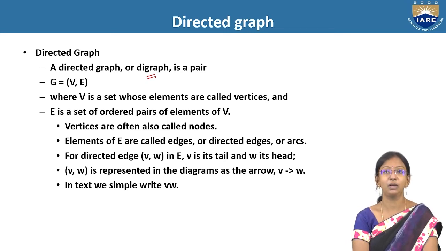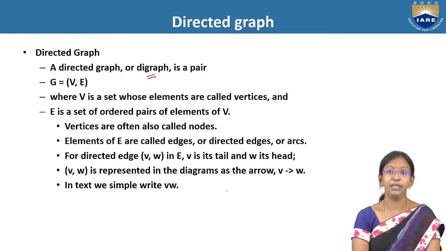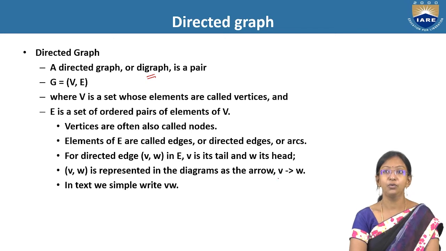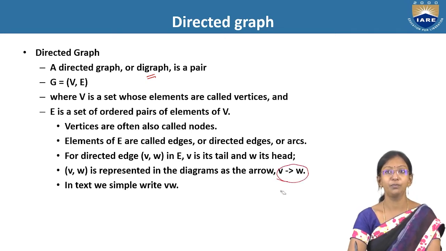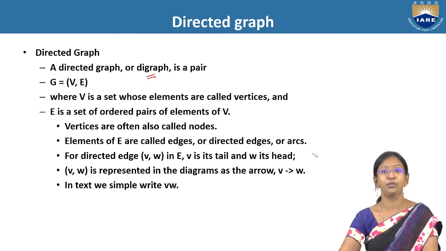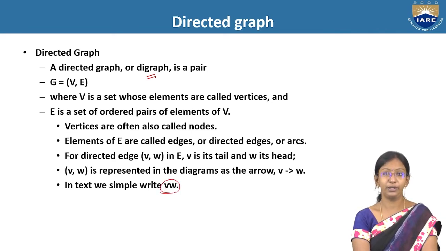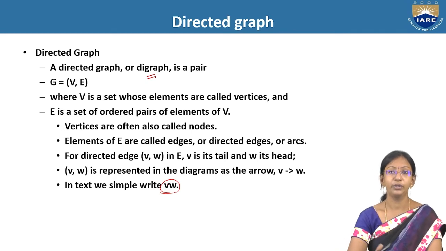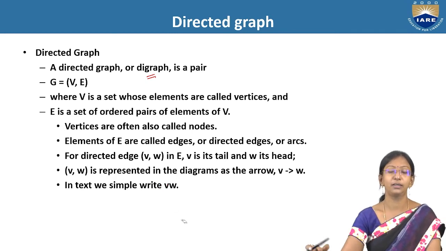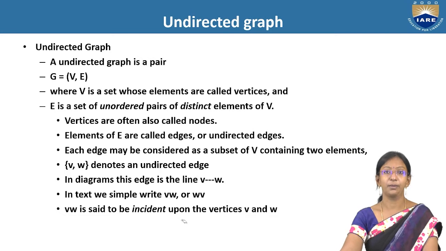Diagrammatically we can represent them as V arrow W, saying that from V the edge starts and at node W it ends. In short form, we can combine the names of the vertices and write VW. I hope you understood what a directed graph is.